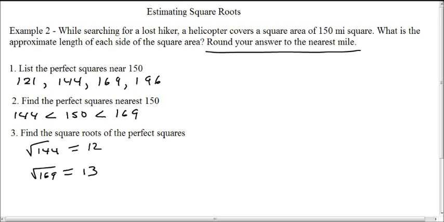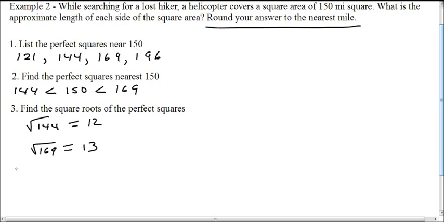Well, how am I going to determine which one is closer? The fourth thing is which one is closer. Now, what I'm going to do here is some subtraction.